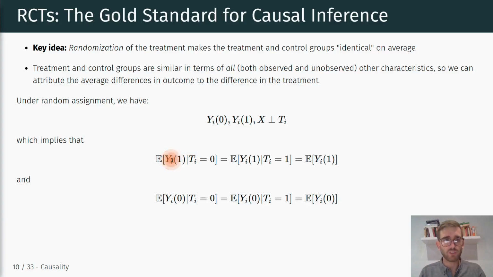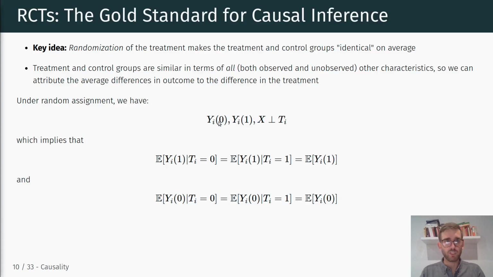We're talking about the potential outcome in the treatment group for observations conditional on being in the control group. But this potential outcome in expectation is equal to the potential outcome, again in the treatment group, conditional on Ti being equal to 1.